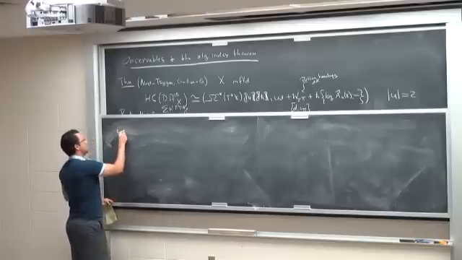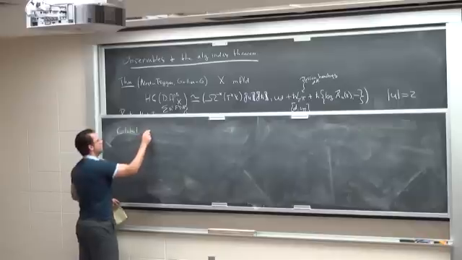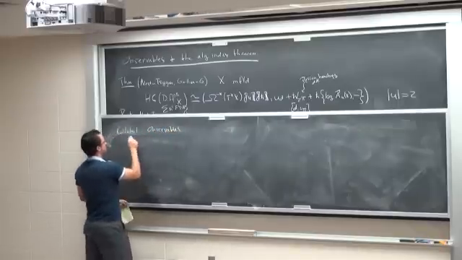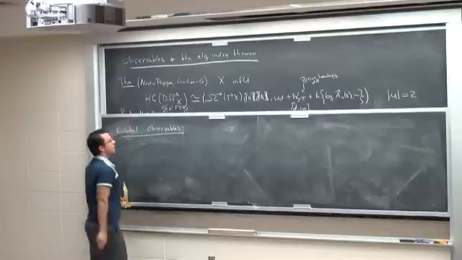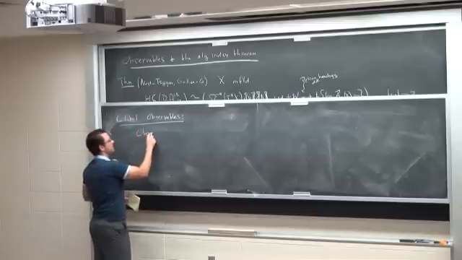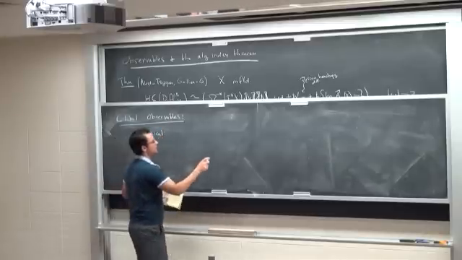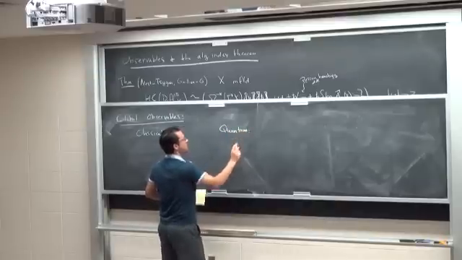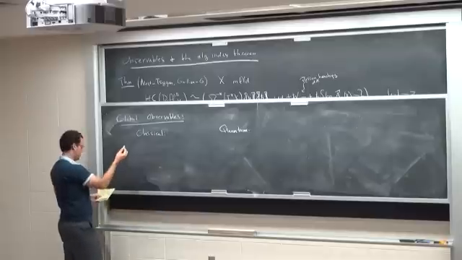So we have the global observables. First we have the classical ones, and we have the quantum ones. So what's the chain complex here?